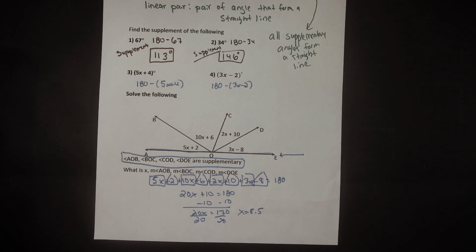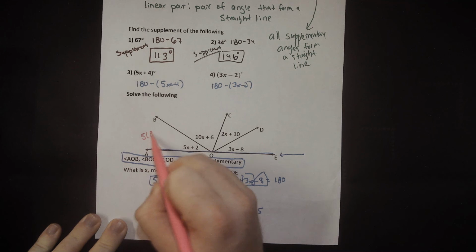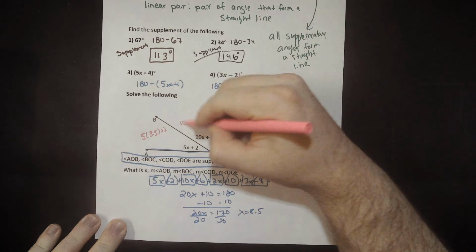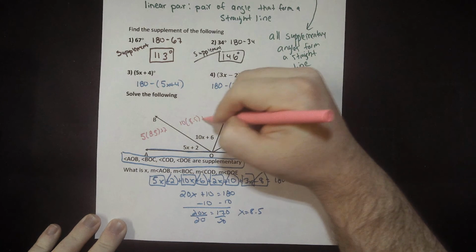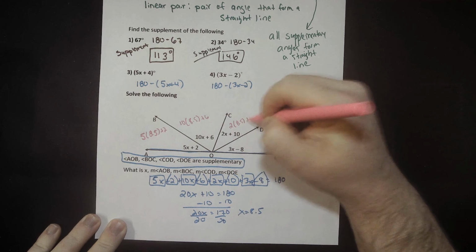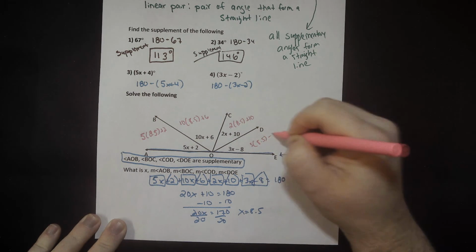Okay, so once again, to find the measure of the angles, I'm going to go ahead and put everything back into the equation. So we're going to get 5 times 8.5 plus 2, 10 times 8.5 plus 6, 2 times 8.5 plus 10, and 3 times 8.5 minus 8.